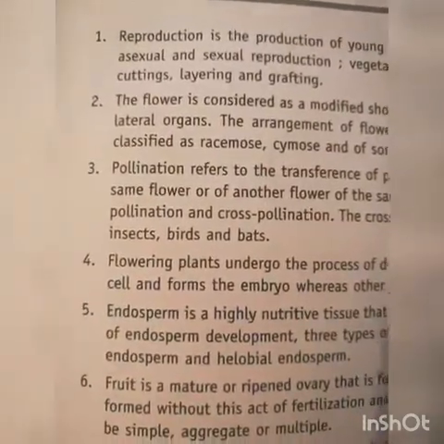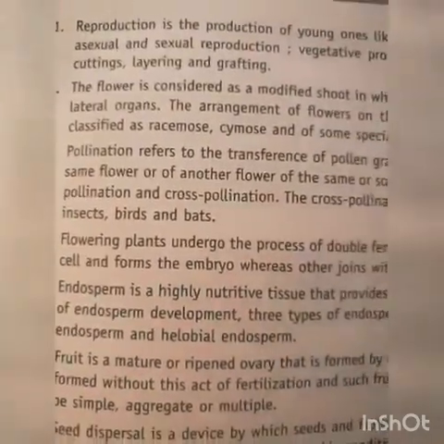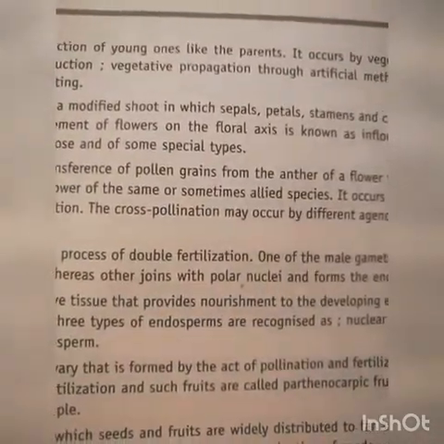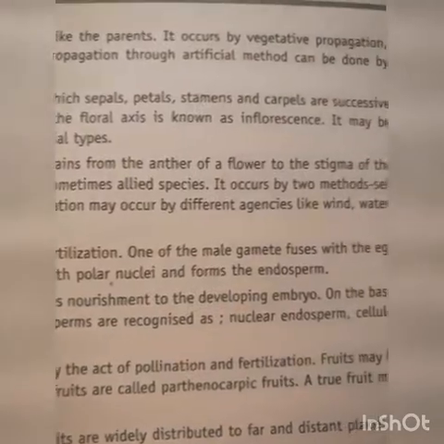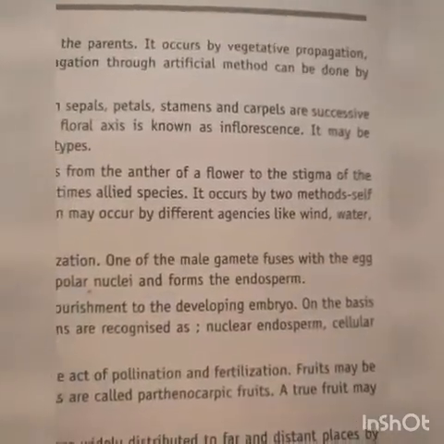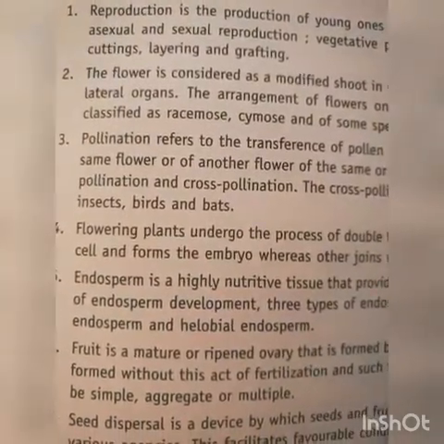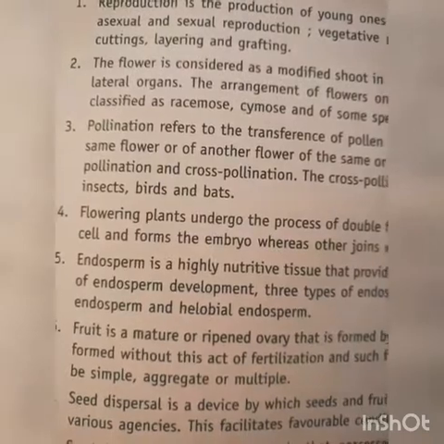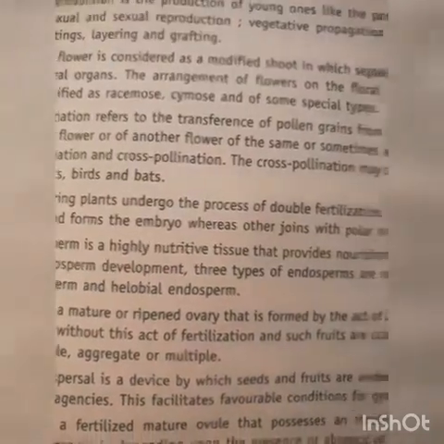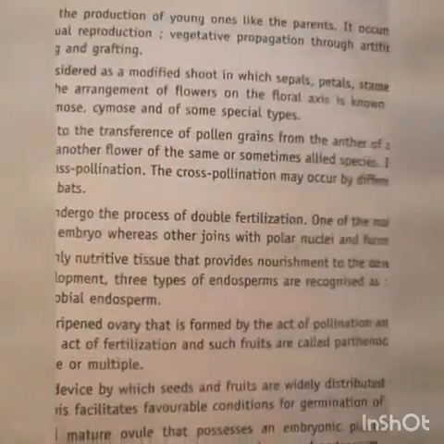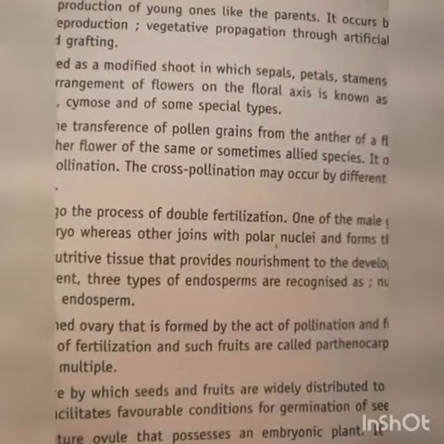Pollination. Pollination refers to transfer of pollen grains from anther of a flower to the stigma of the same flower or of another flower of same or sometimes other species.